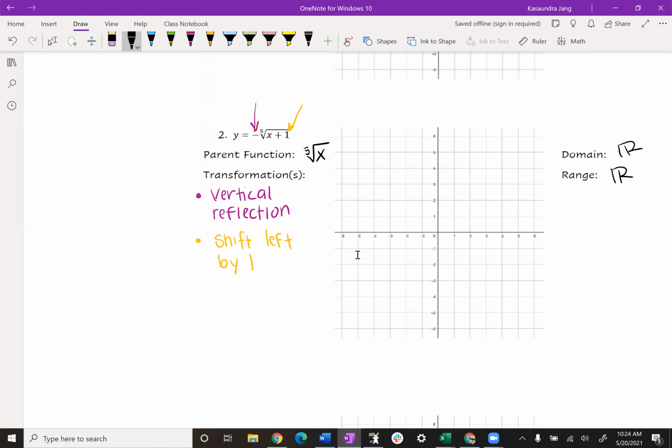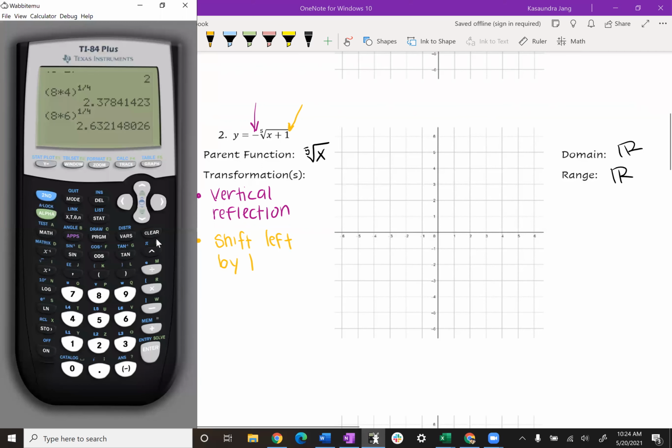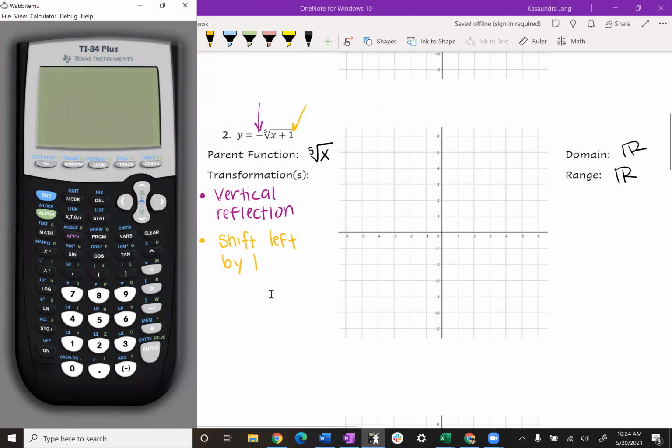Let's get some specific points then. Again, we might not be quite familiar with a fifth root graph. We do know a cube root graph though. As far as the fifth root goes, I can do a 1/5 exponent again. So I can do a negative, let's see here, maybe I'll plug in like a -6 plus 1 is all under my fifth root.